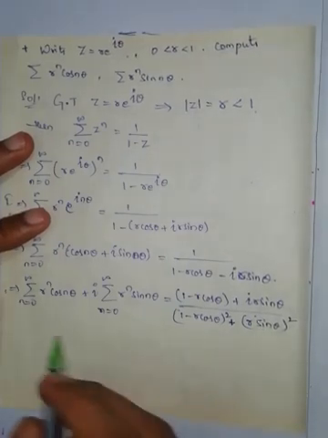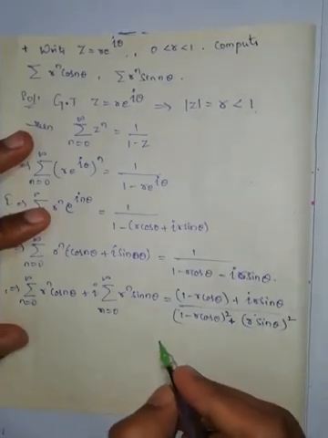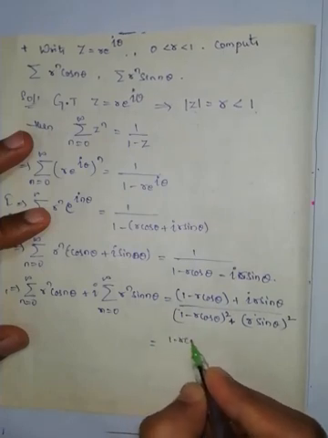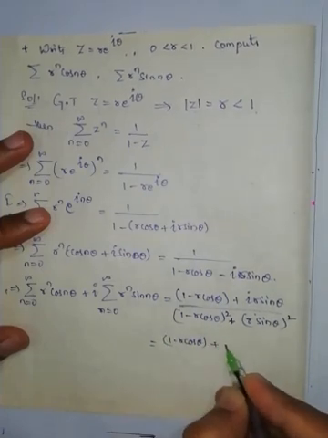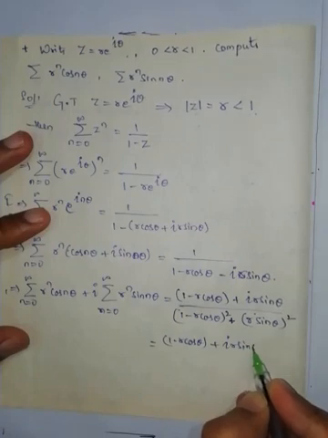Now next, this one can be written as 1 minus r cos theta plus iota r sin theta.